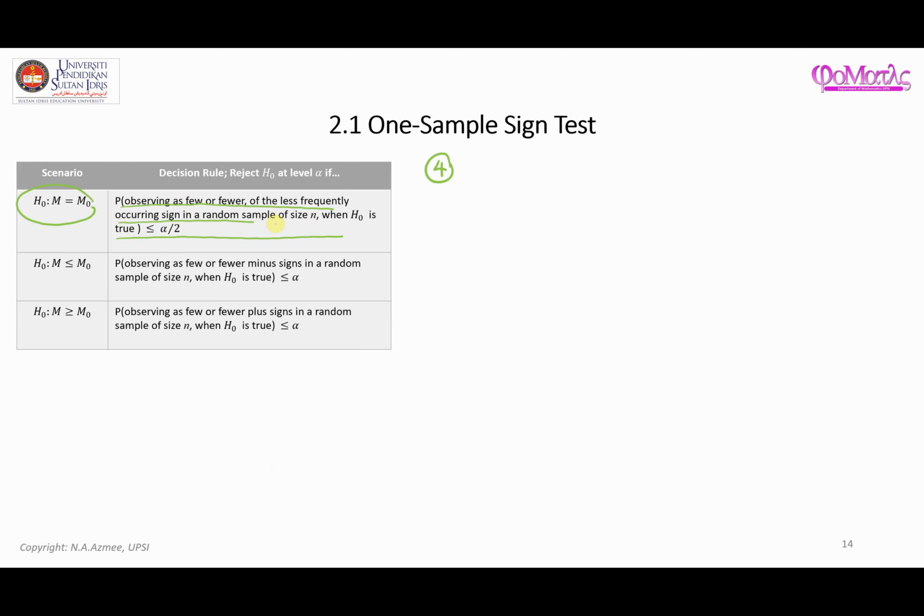So here we will reject the null hypothesis at significance level alpha. Our alpha here is 0.05 if the probability here is less than or equal to 0.05 divided by 2. Well, you can see that what we have here is probability k less than or equal to 1, given 10, 0.5, is 0.0108.